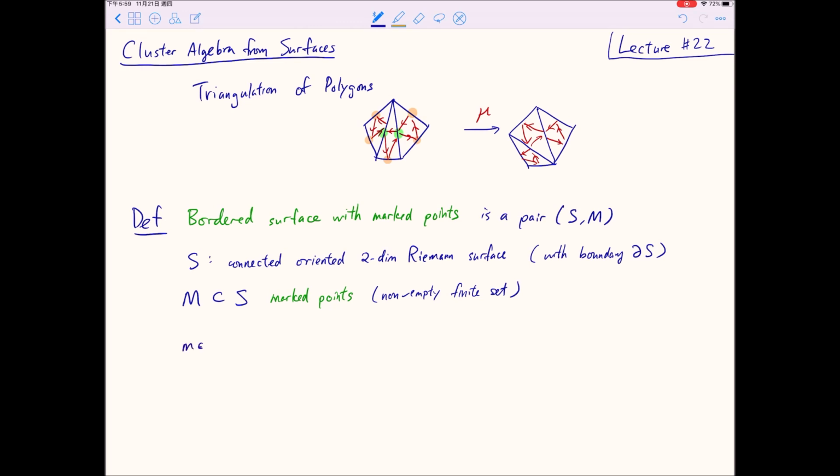If they are in the interior, then we call them punctures. And we also require that each connected boundary component has at least one marked point.